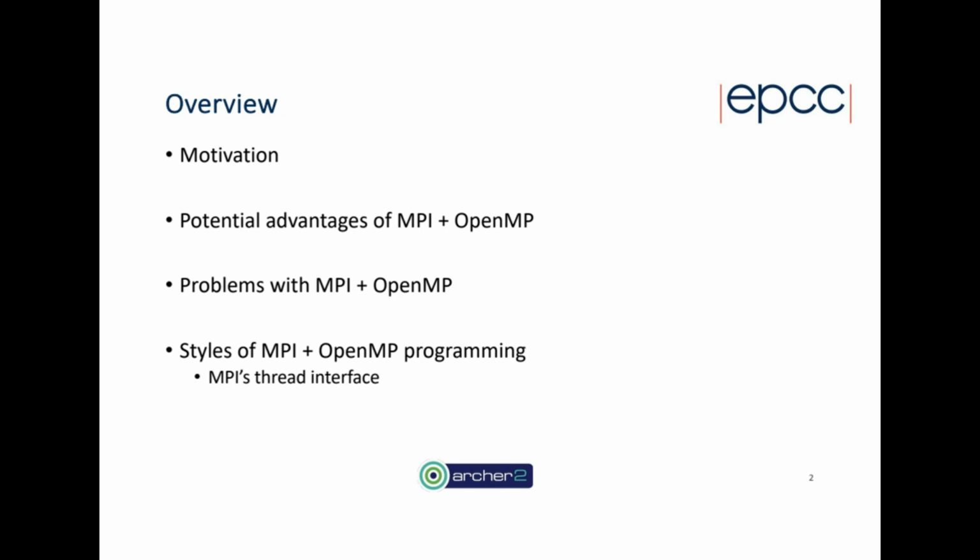And I'll talk about some of the problems that you're likely to encounter, some of the things that can go wrong with performance and portability. And then we'll look at some of the technical details of the different styles of how you can write MPI and OpenMP programs, and talk a little bit about MPI's thread interface along the way.